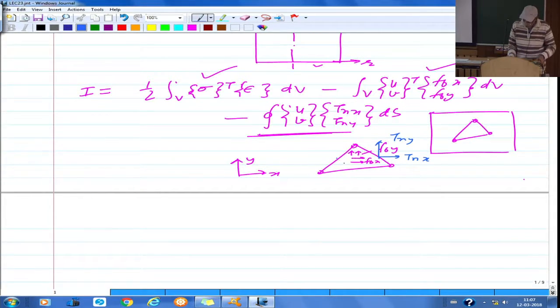So here also we are assuming tnx, tny in that fashion, and these are nothing but your internal forces, because on this edge there would be forces exerted by the material here, on this edge there would be forces exerted by the material here, similarly on this edge there would be forces from this surrounding material, and that is nothing but we are accounting through the traction.